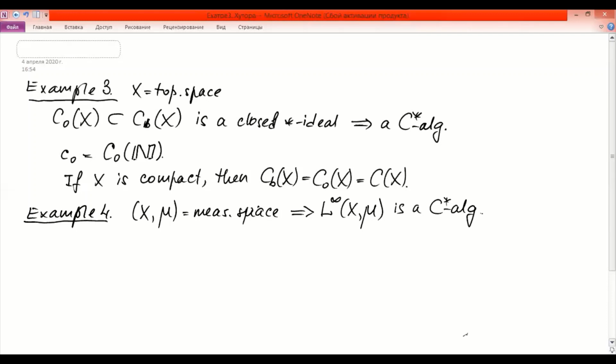Well, again, the operations are pointwise, and the involution is just the complex conjugation.